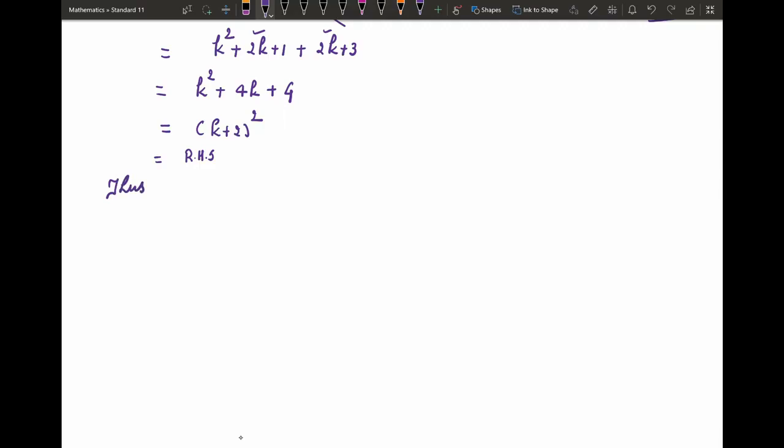Thus LHS equal to RHS, and therefore P of k plus 1 is true.